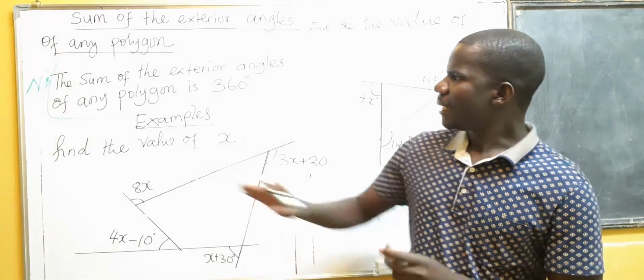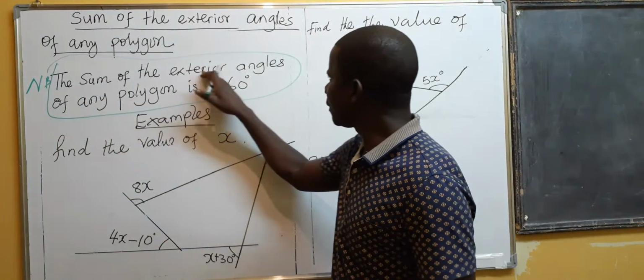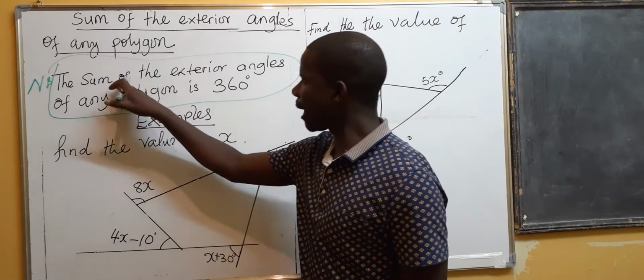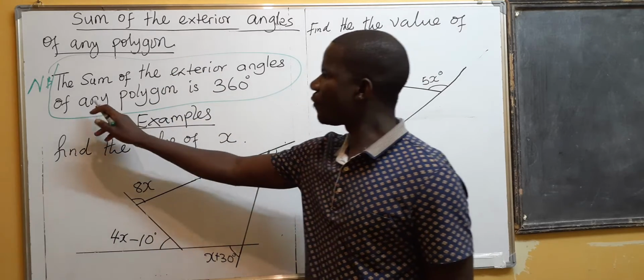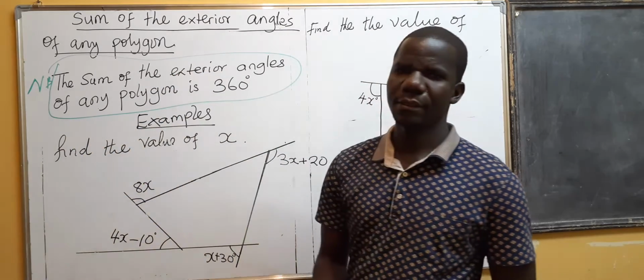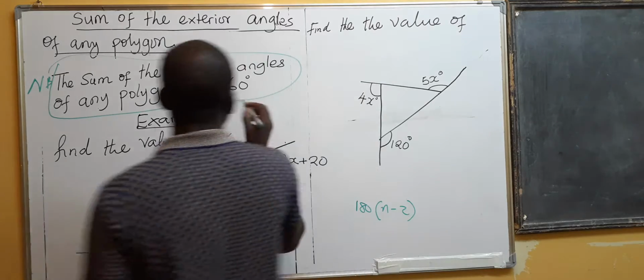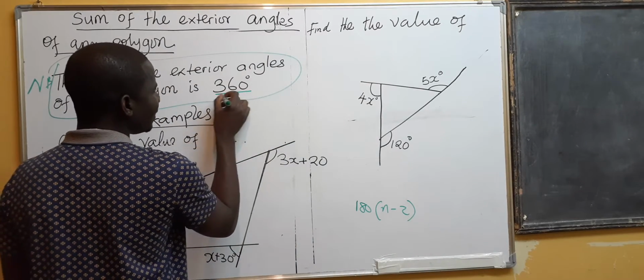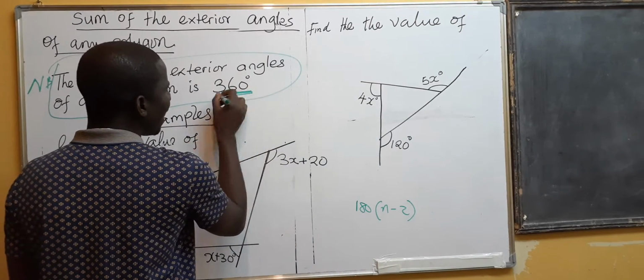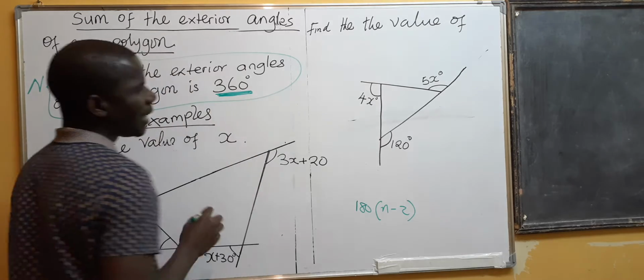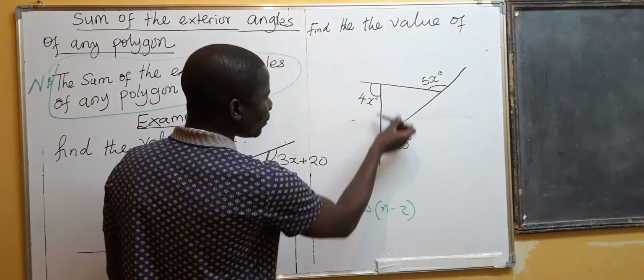The sum of the exterior angles of any polygon is 360 degrees. Exterior angles, these angles here.